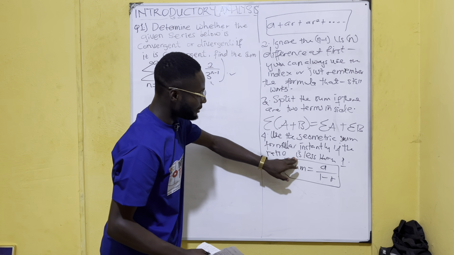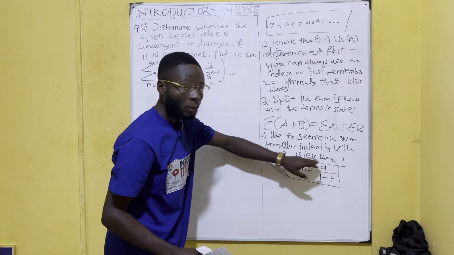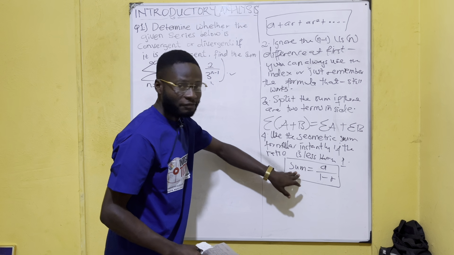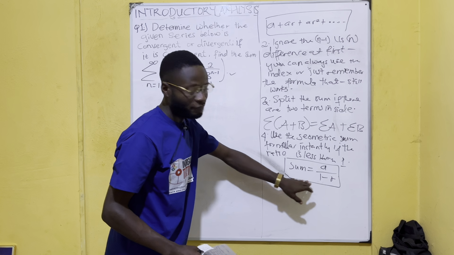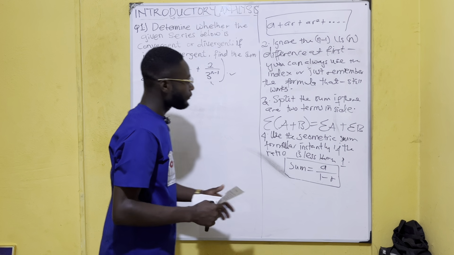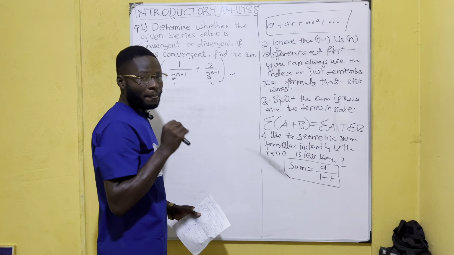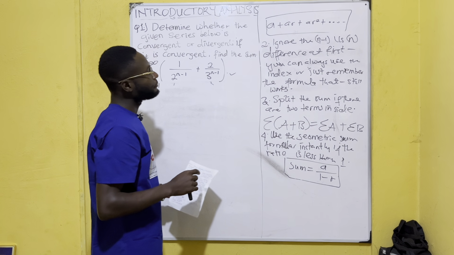If the r is less than 1, then we can use the geometric sum formula, as we have here. Take note of this formula. That is what you use if the ratio is less than 1.